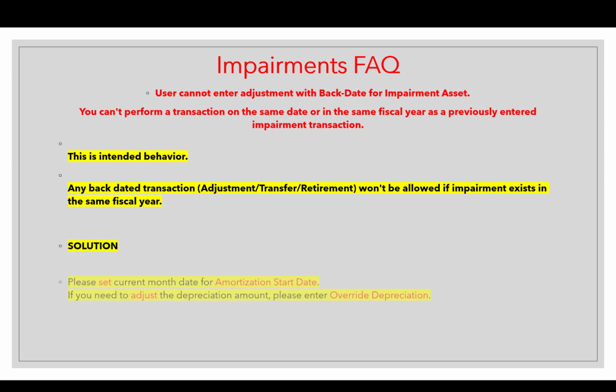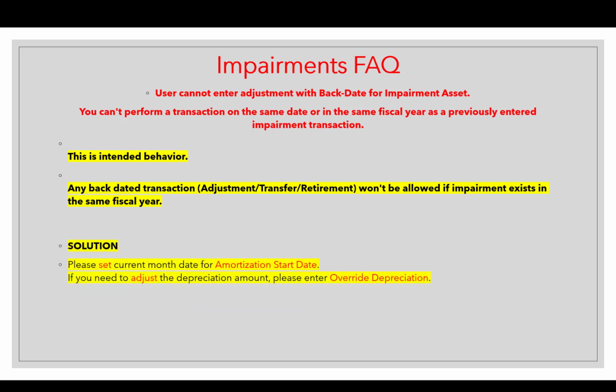So the solution is that you have to set the current month's date as the amortization start date. If you need to adjust depreciation amount, please enter override depreciation. But you cannot perform transactions on the same date or in the same fiscal years as previously entered impairment transactions. What else we have?